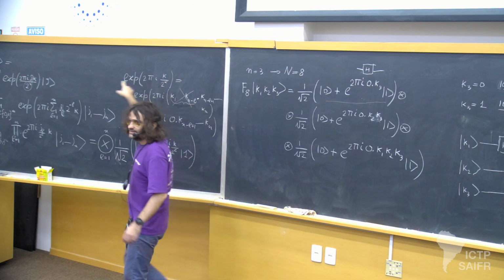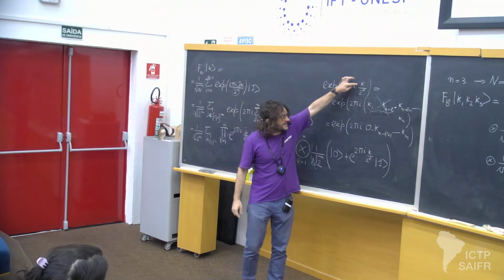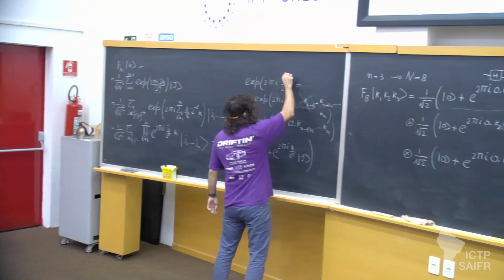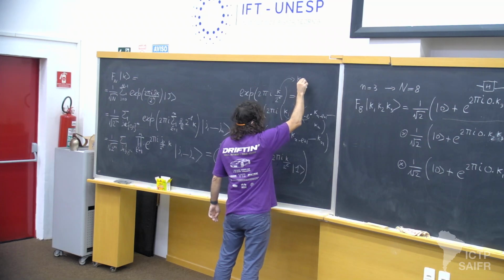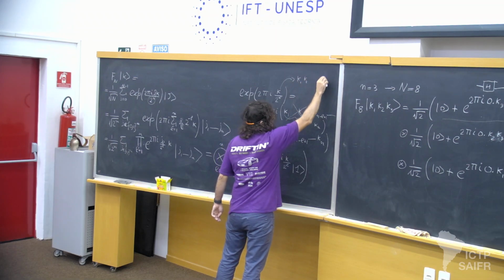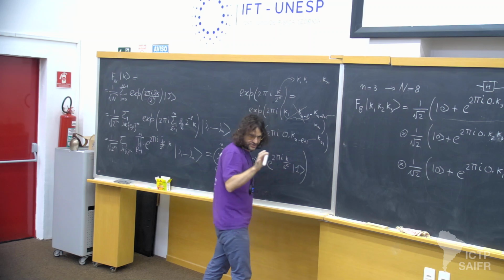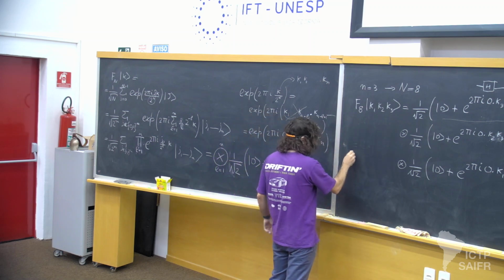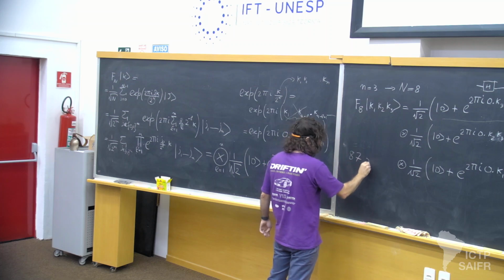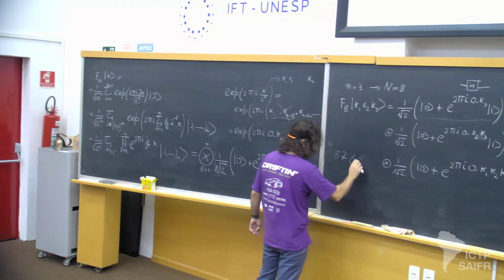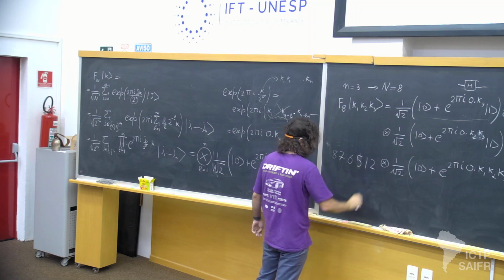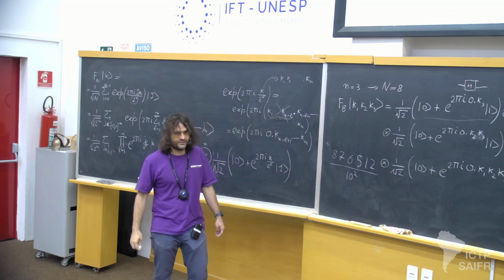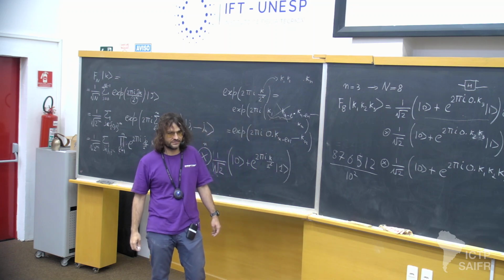Okay. So here we have K1, K2, and so on, up to Kn, right? So this guy is K1, K2, up to Kn. Now, question. If I give you, in our beloved base 10, 8765.12 divided by 10 to the 2, do you have to suffer, or do you know where to put the dot?